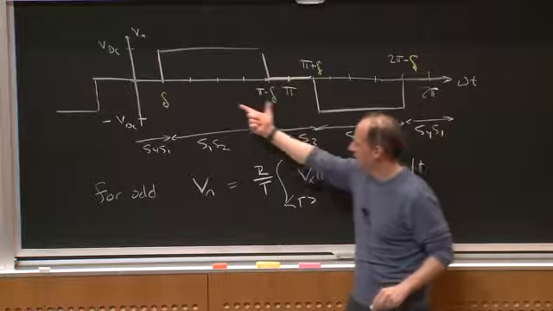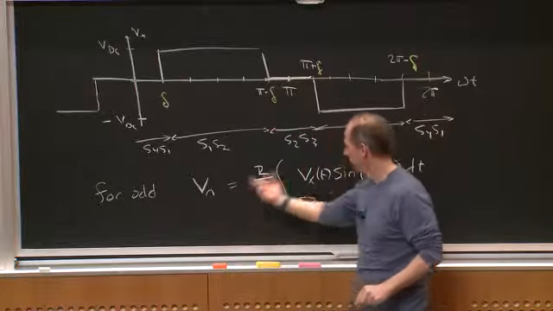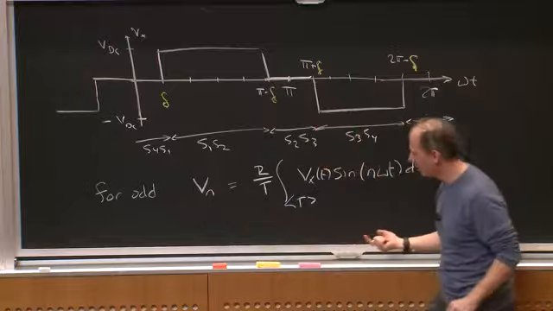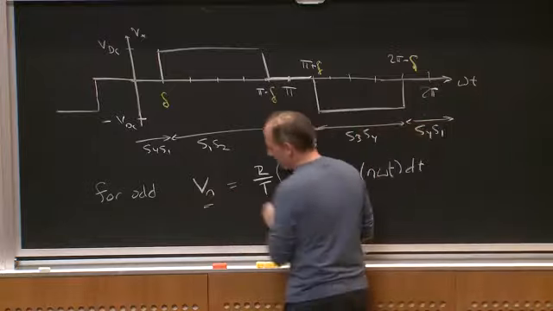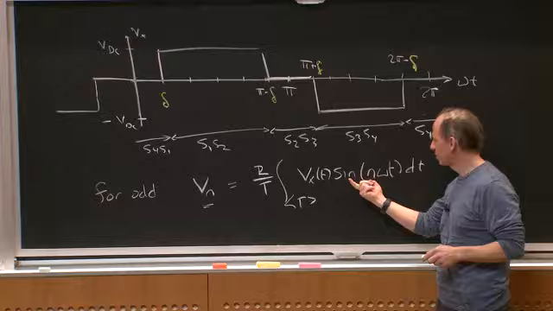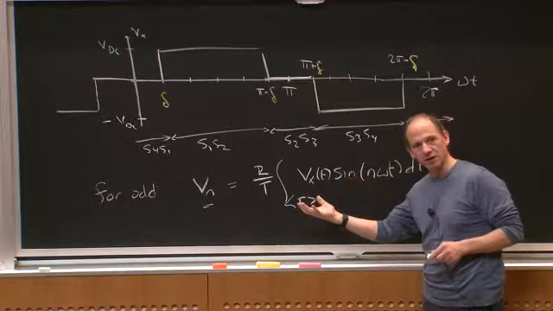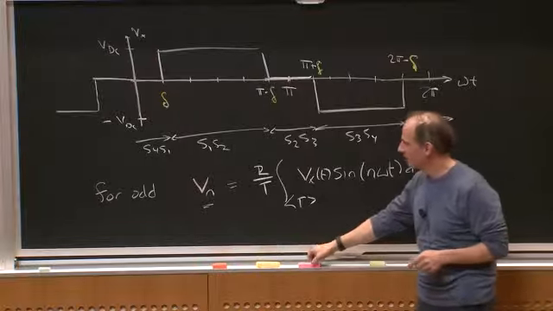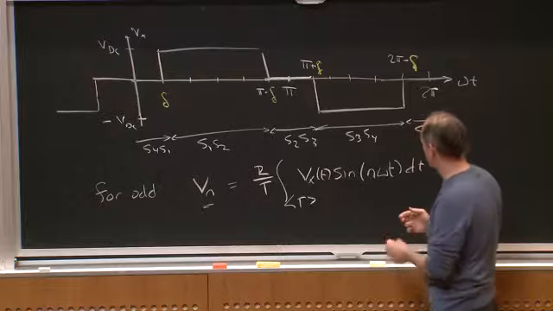By picking delta, I can choose at least one of these to mess with. And so I can calculate the amplitude of the nth harmonic essentially as the waveform times the sine of the right frequency, integrated, right?